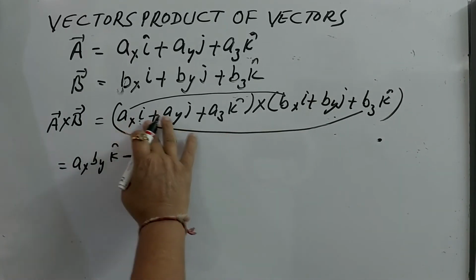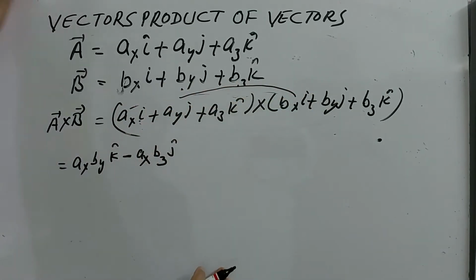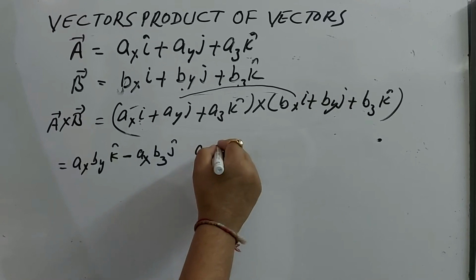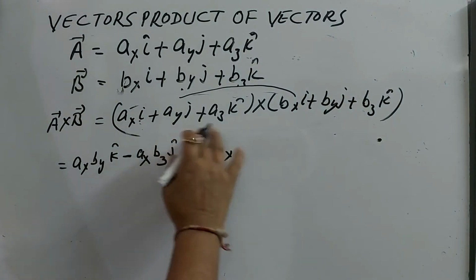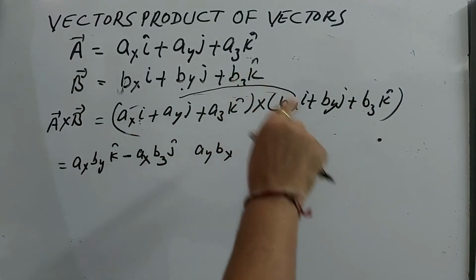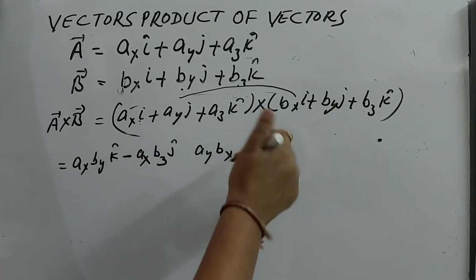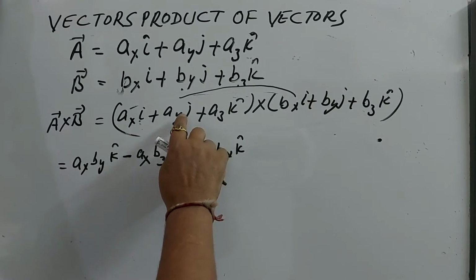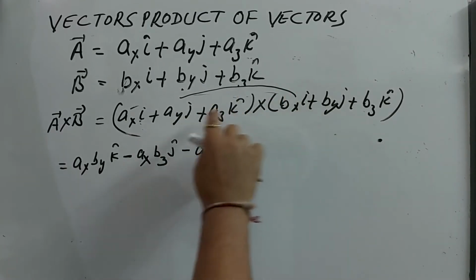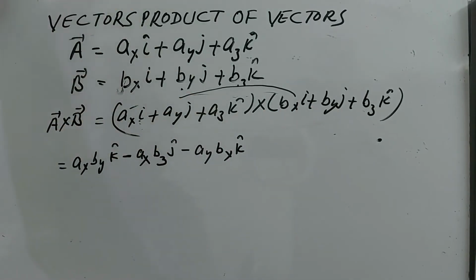Now you multiply the second term with this: this is ay and this is bx, j cross i. Again this will be negative because you are going anti-clockwise. So j cross i is equal to k cap, and this is the negative. Similarly you multiply this and this, j cross j will be 0, and if we multiply this and this it is j cross k, this will be i basically.